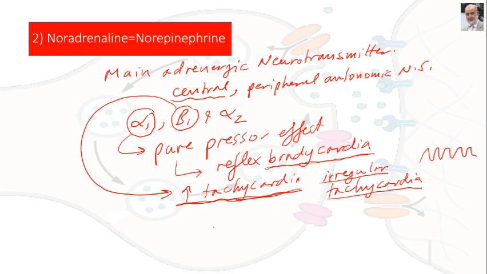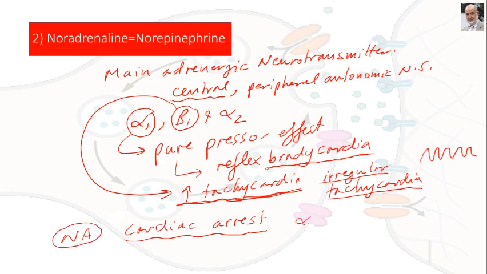Okay, so noradrenaline has no specific clinical application. Maybe sometimes it is used in treatment of cardiac arrest. In certain situations they found that noradrenaline might be a better choice than, for example, alpha 1 agonists we talked about, like methoxamine, in treatment of certain types of cardiogenic shock or cardiac arrest.